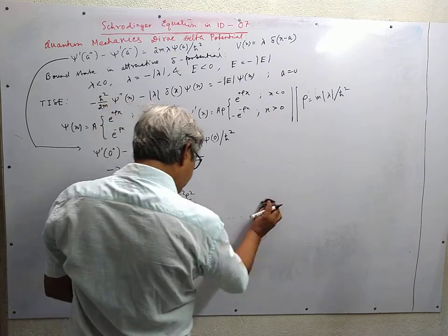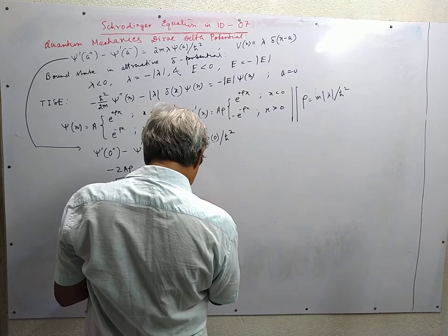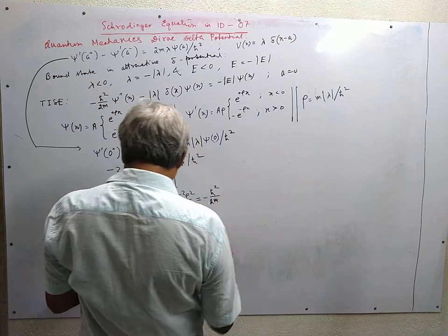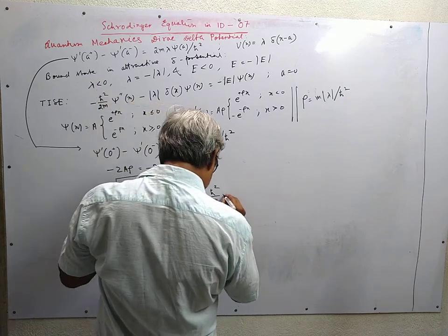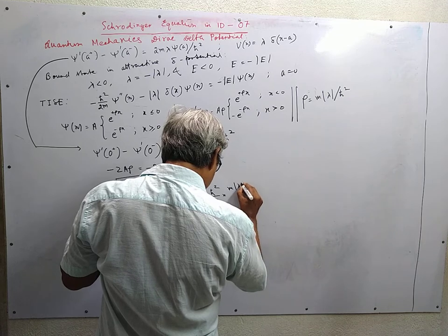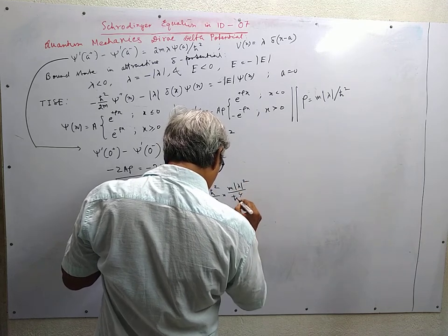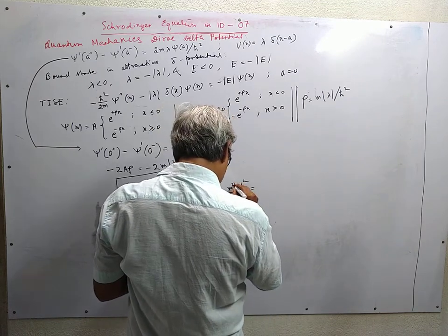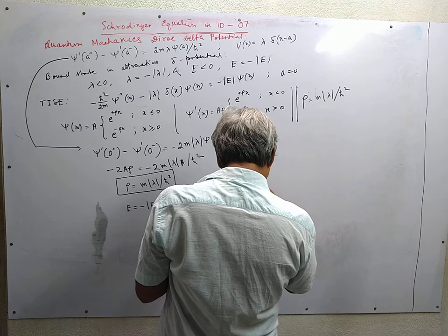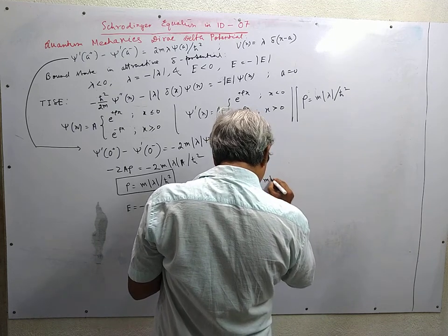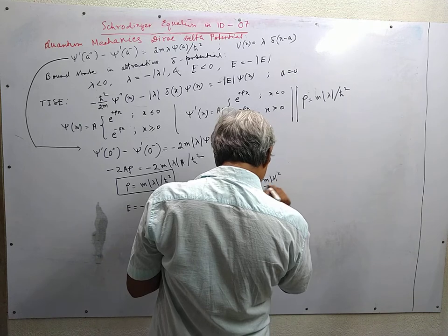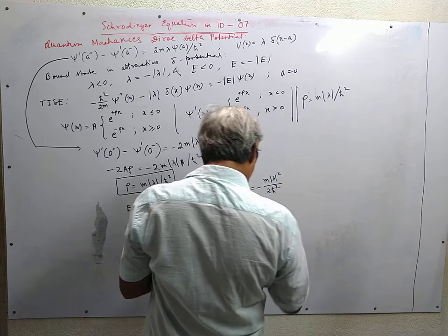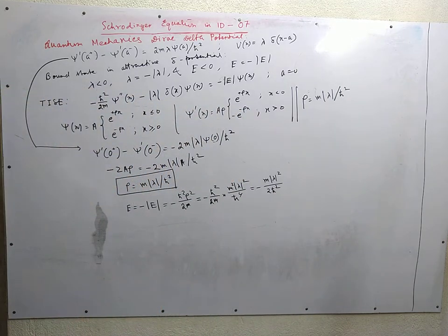And we have the expression for rho square, and for rho square we write square of this thing, m mod lambda square by h line to the power 4, and on simplification this becomes minus m lambda square by twice h line square. This is the value of energy.